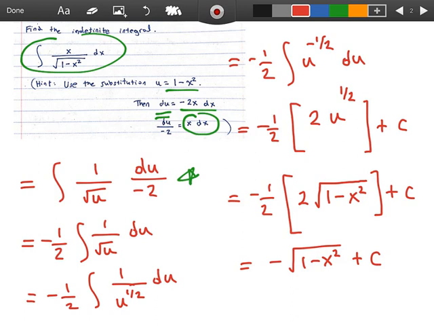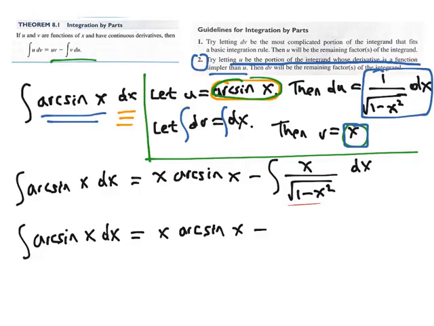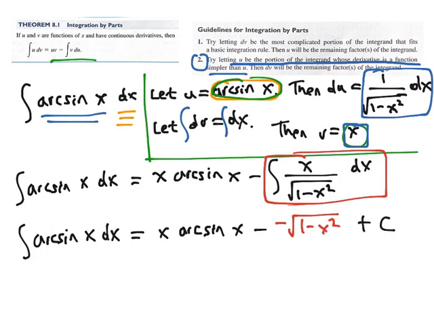Here we do our change of variables step. We factor out the negative 1/2. We rewrite the integrand, and we apply the power rule for integration, and we go back to x. And here's our antiderivative. So now we'll take that antiderivative and apply it to rewrite this indefinite integral as negative square root of 1 minus x squared, and then we have the constant of integration plus c.